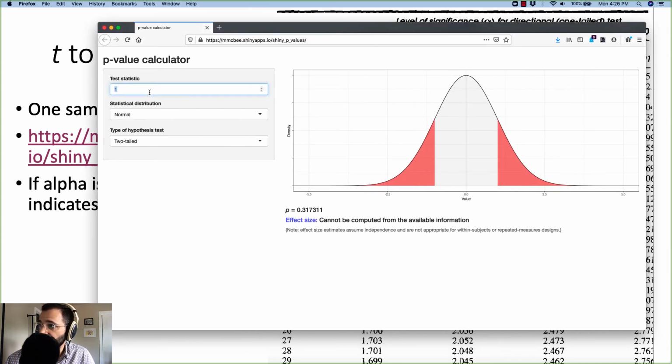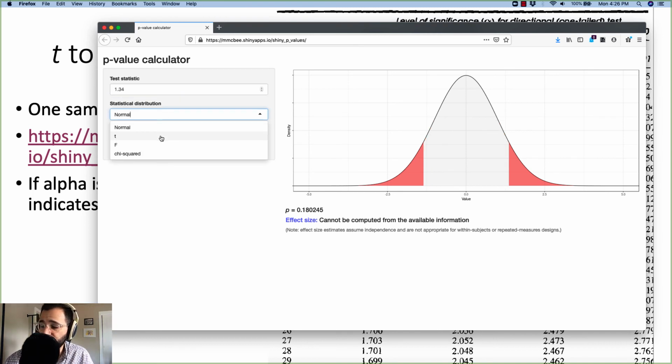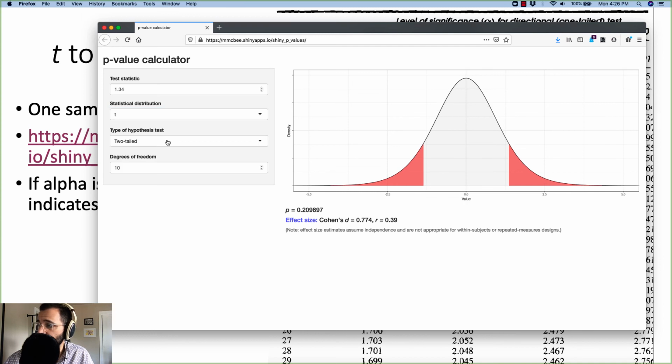In the test statistic box, you'll enter the value. So let's say our t is 1.034. Then you tell it that you want a t distribution. Then you tell it that we're doing a two-tailed test here, and there are 11 people in the sample, so we have 10 degrees of freedom.